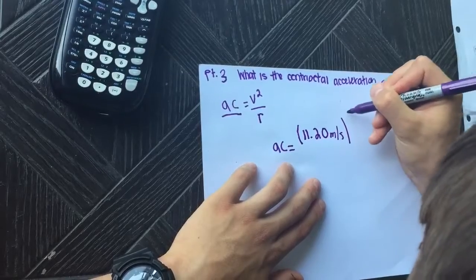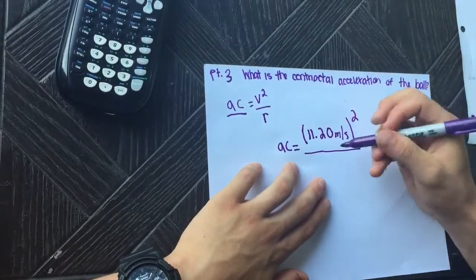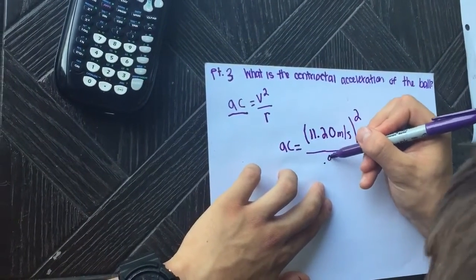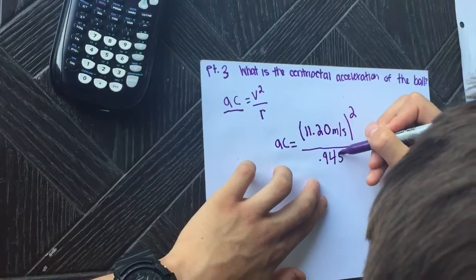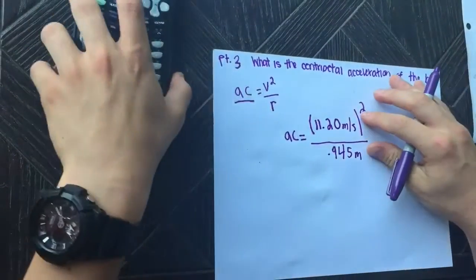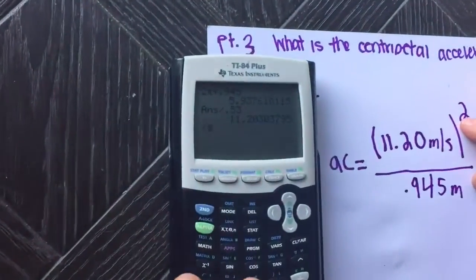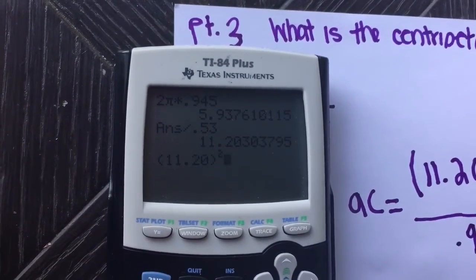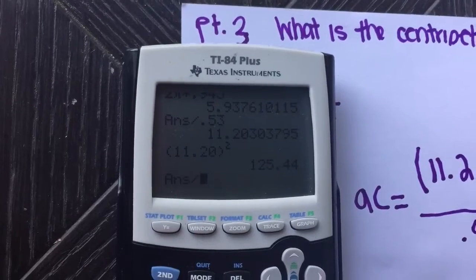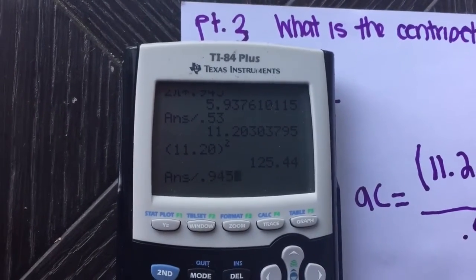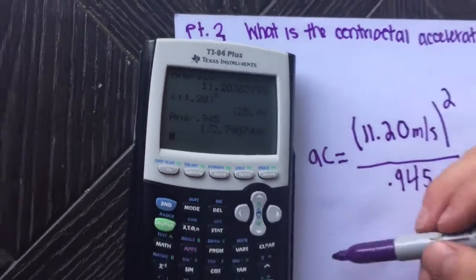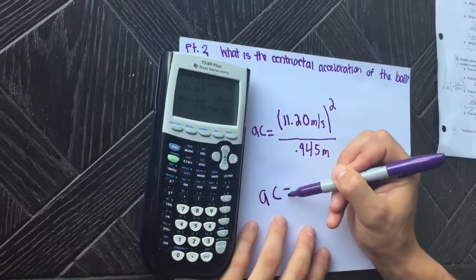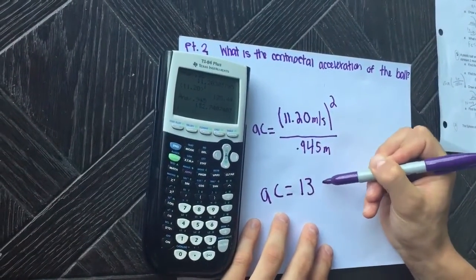And we put this over the radius, which is 0.945 meters. We then plug this all into our calculator. And ultimately, we get the answer to be 132.74 meters per second squared. This is the centripetal acceleration of the ball.